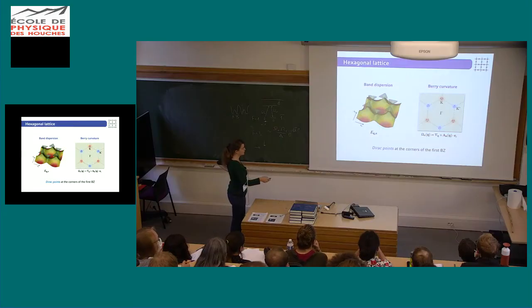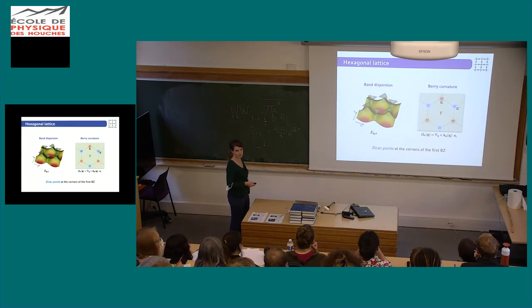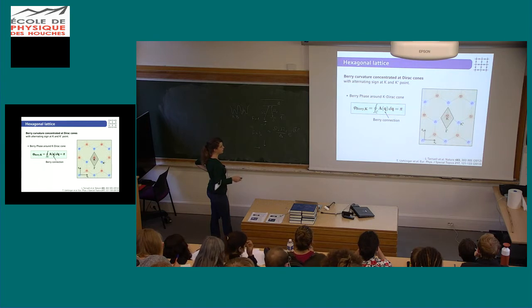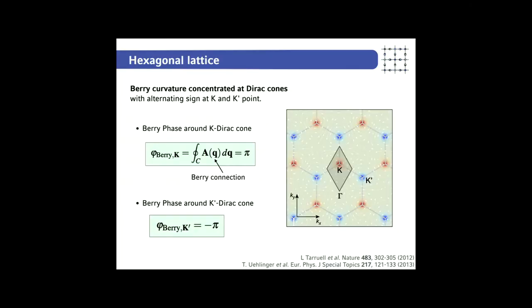So this is again the definition of the Berry curvature. You find that it has a non-trivial geometry, meaning that there's Berry flux or Berry curvature concentrated at the position of the Dirac cones. And this Berry curvature has a different sign depending on if you look at the K or K prime point. And moreover, if you calculate the Berry phase around such a Dirac cone, or the Berry flux associated with one of these Dirac cones, you find it is equal to pi.